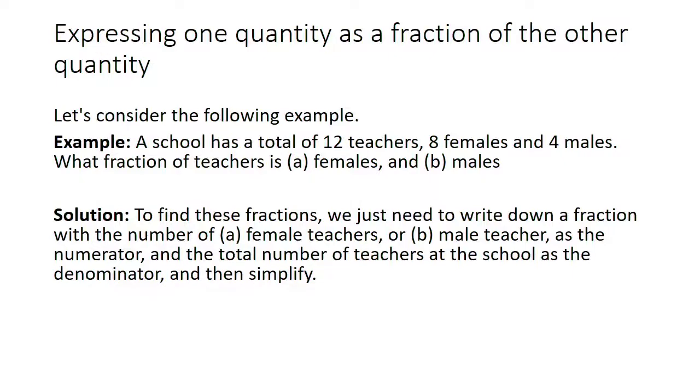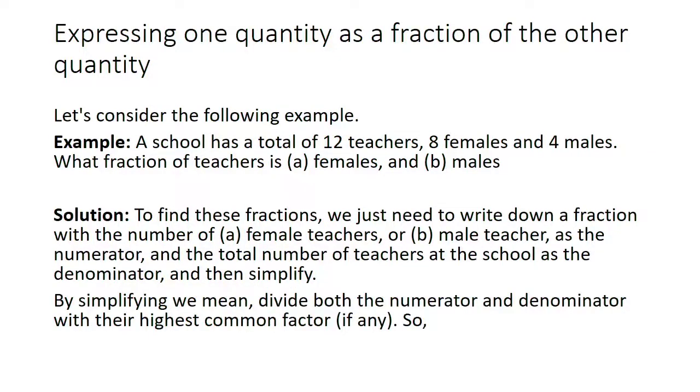While for B, we have the total number of males as the numerator and the total number at the school as your denominator, and then you simplify. What does it mean when we say you simplify? What we mean is that your fraction must be written in its simplest form. Your numerator and your denominator should not have a common factor.